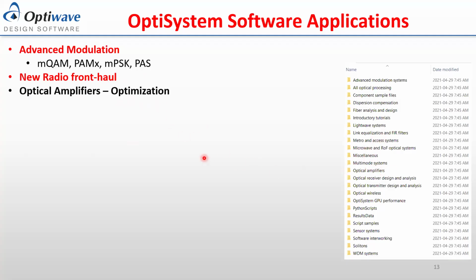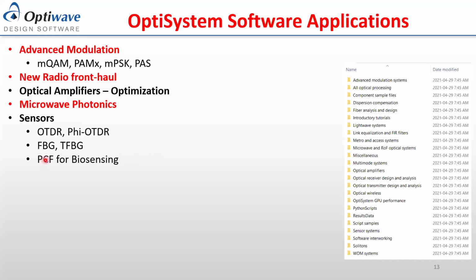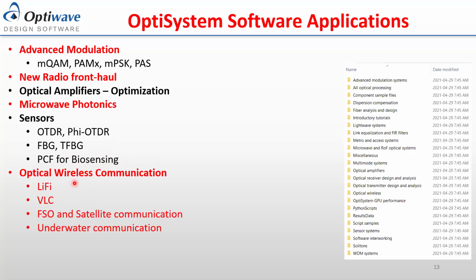And then there's a laser design library as well. There is a directory about microwave photonics sensors. We have different designs of OTDR, Phi-OTDR, and FBGs, tilted fiber Bragg grating, photonic crystal fiber sensing and biosensing, and so on. For wireless channels, we have different examples on free space optics as well as underwater communication.